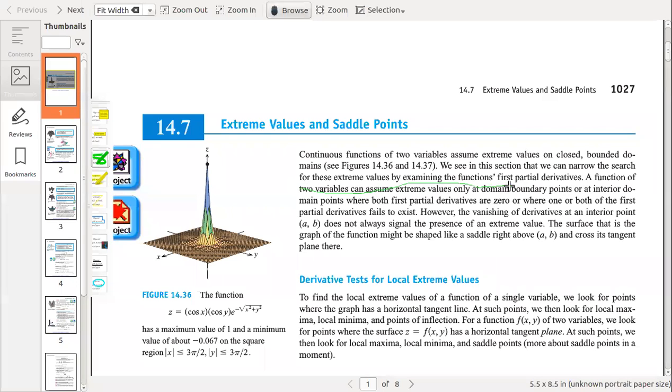We can extract these lines, and the second line is that the vanishing of derivatives at an interior point does not always signal the presence of an extreme value. These two lines are important for the sake of MCQs if an online exam takes place.